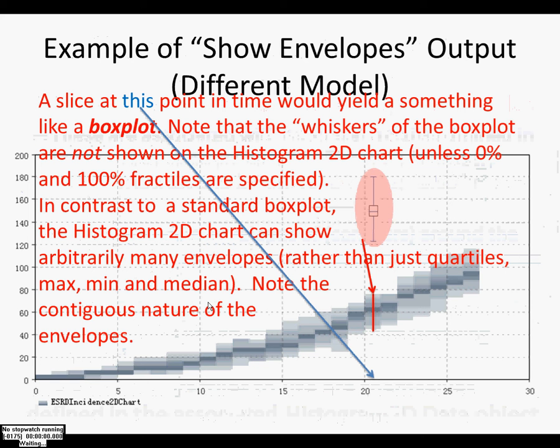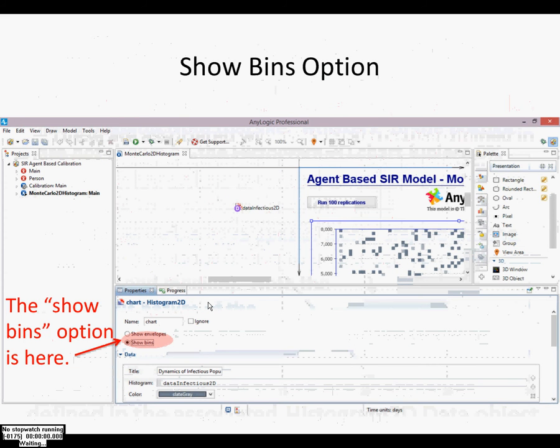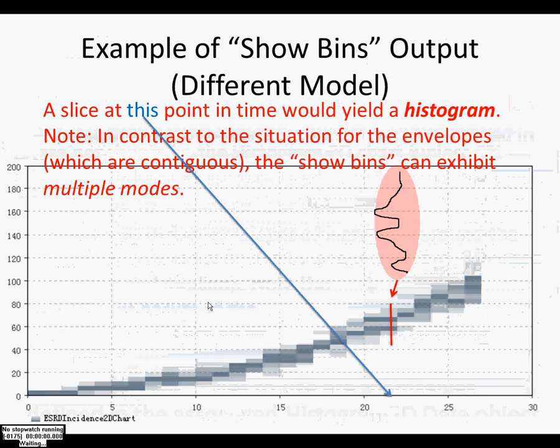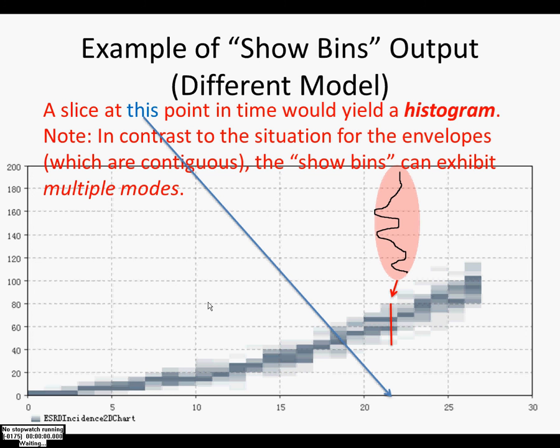Okay, and the other one is bins, which we were looking at. Bins can capture non-monotonicity, the fact that it goes up and then down and then up and down and so on. Here, if we were to cut through the bins at that point and look at it, we'd see a histogram. Maybe in 5 years when they have a 3D panel, you could see it.